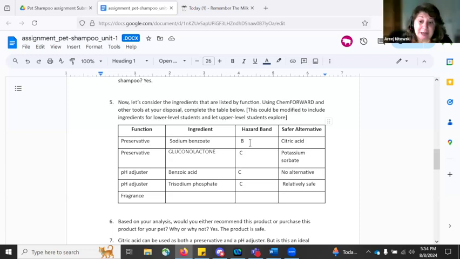Probably. But I love that I can imagine the type of discussions that this will bring forward. And also, again, to talk about rate of exposure. How often are you bathing your pet? For how long? What's the amount of the stuff that you're using?